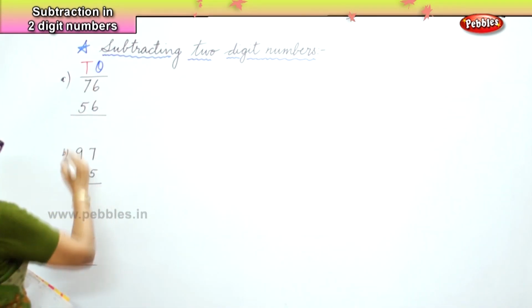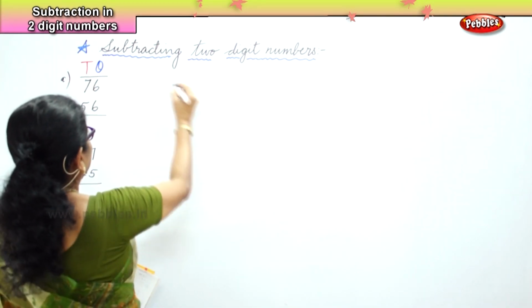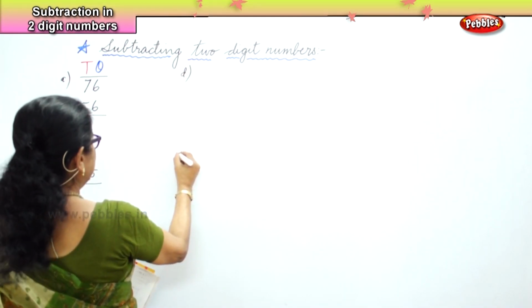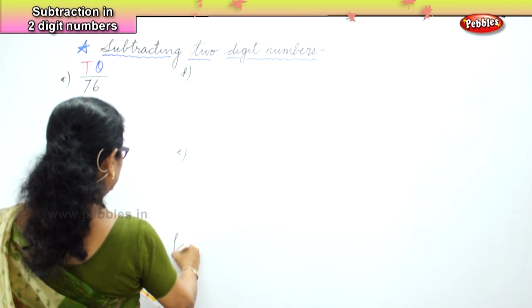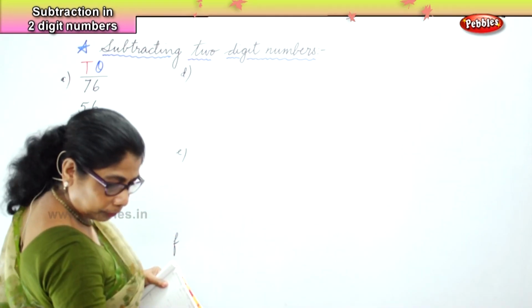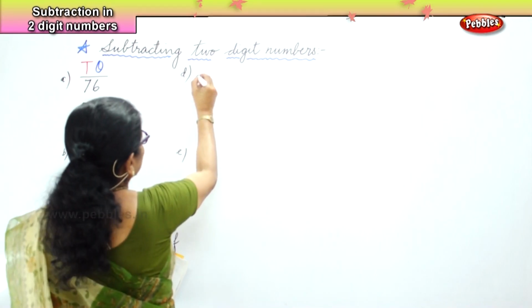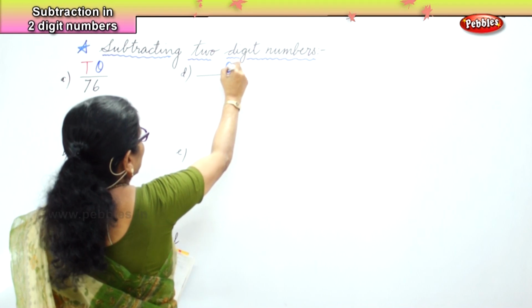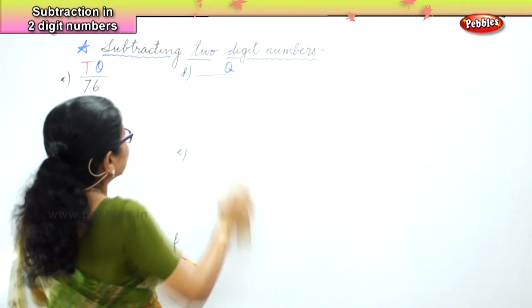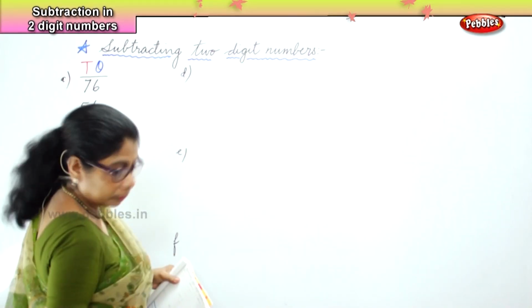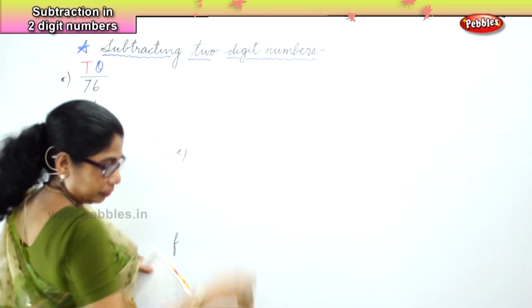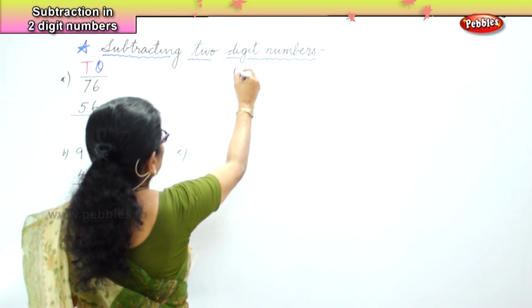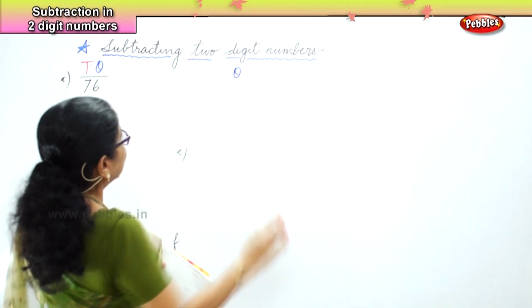Okay, so we have 1, 2, 3 sums. Then ones, and tens.